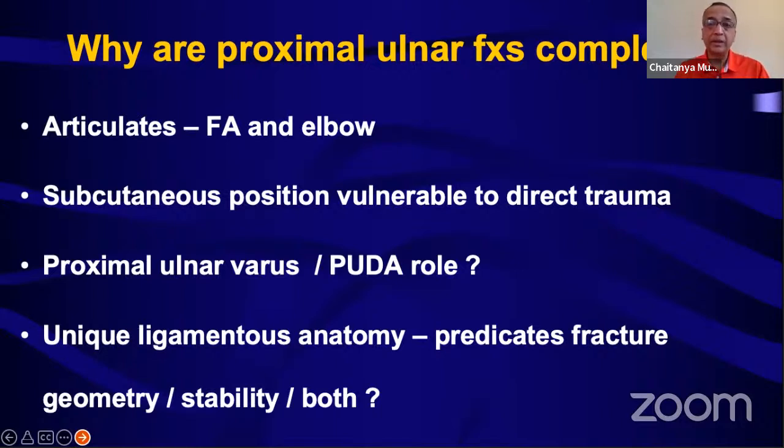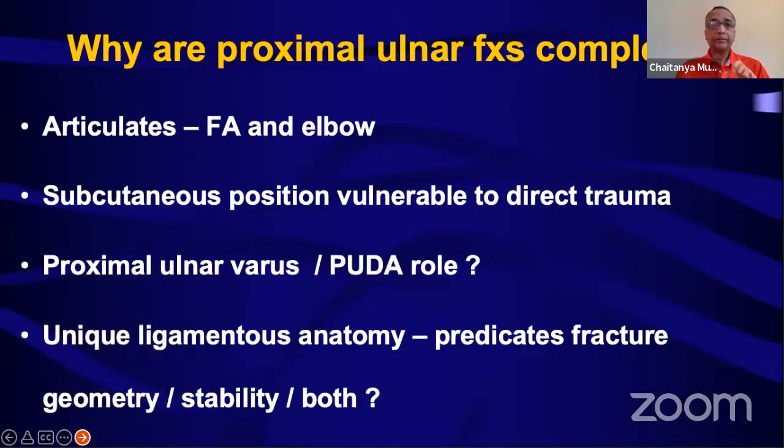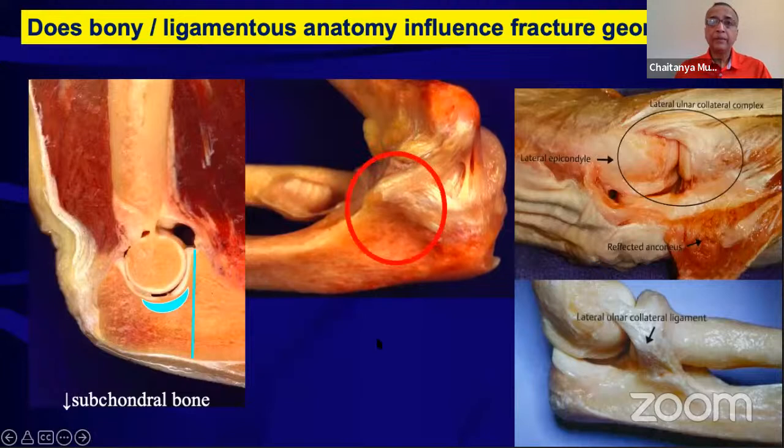So if we think that way, we already know where the fracture lines are going to generate. And then, of course, you have the unique ligamentous anatomy, which predicates fracture geometry and stability. Why is that? Because we know that where the ligaments are attached, as seen in Greg Bain's studies on the distal radius, because of Wolff's law, the bone density is higher. Looking here at the medial side at the sublime tubercle and on the lateral side at the supinator crest, it's not surprising the bone density in these locations is higher.